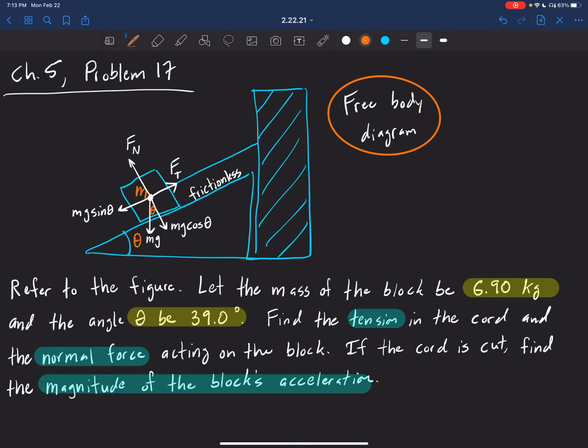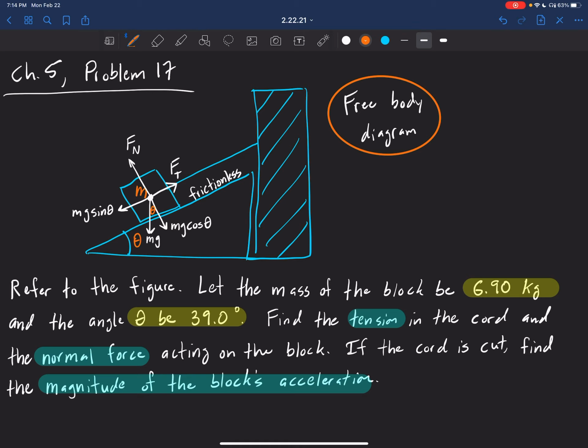So we're going to do exactly what it says, and we're going to refer to the figure to see what is going on here with this block. Right away, what I want to point out is that pointing up and down the slope, in the direction parallel to the slope, the tension and the sine component of the weight are opposite to one another.